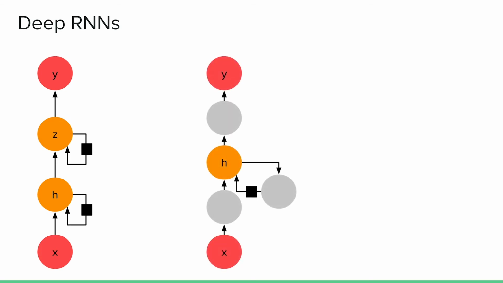We can also add additional computations at various points. So we can add intermediate computations before we feed something into our network. We can have intermediate computations before we're feeding it back to itself. And of course, we can have some sort of decoding intermediate computations before we produce a certain output.